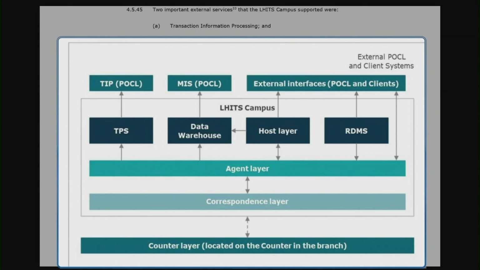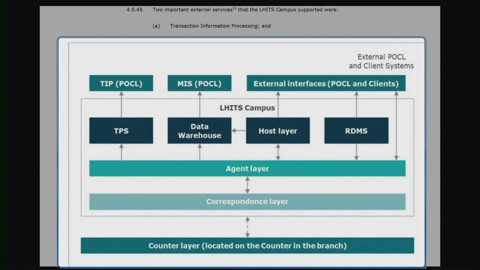Yes. So we just talked about the counter layer, but essentially all of the information is stored in messages. All the transactions are stored in messages at the counter layer, and that's generally what's being communicated to the campuses, and that's being facilitated by what is labeled here the correspondence layer.